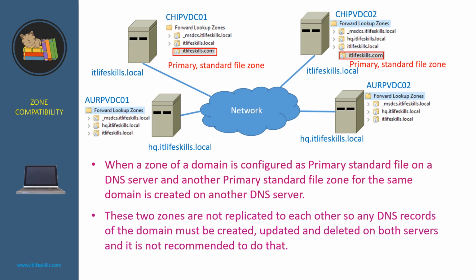These two zones are not replicated to each other, so any DNS records of the domain must be created, updated, and deleted on both servers, and it is not recommended to do that.